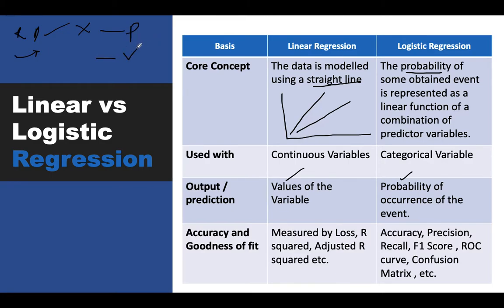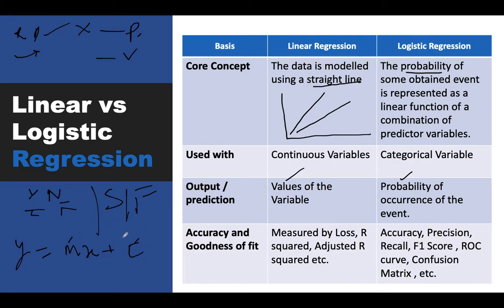In linear regression you are going to get a value, and in logistic you are going to get a probability. That is when you want your answer as yes or no, true or false, success or failure. When we talk about those things, we use logistic. And when we have an equation y equals mx plus c, we find the values of c and m.